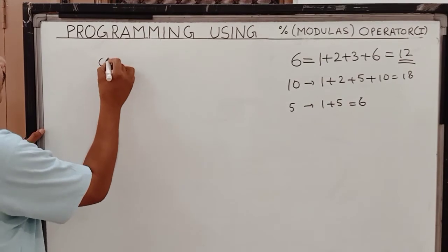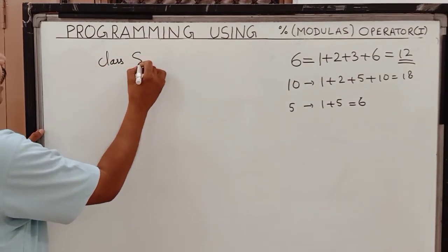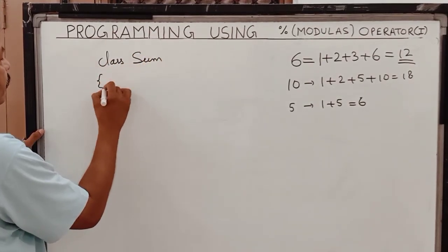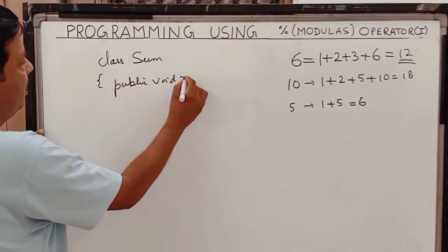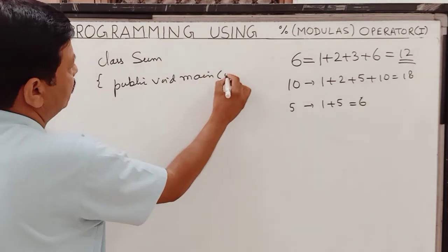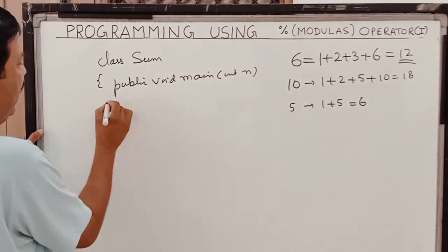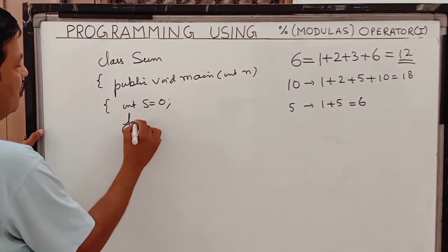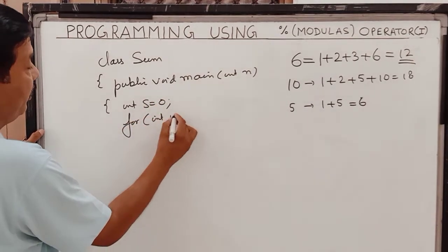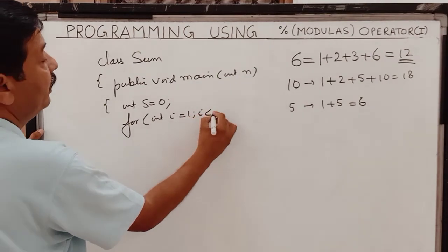So children will see, class, I am writing sum, public void main, I am inputting a number, and for finding out the sum I am taking a variable. To find out the factor I am generating a loop from 1 to that number.